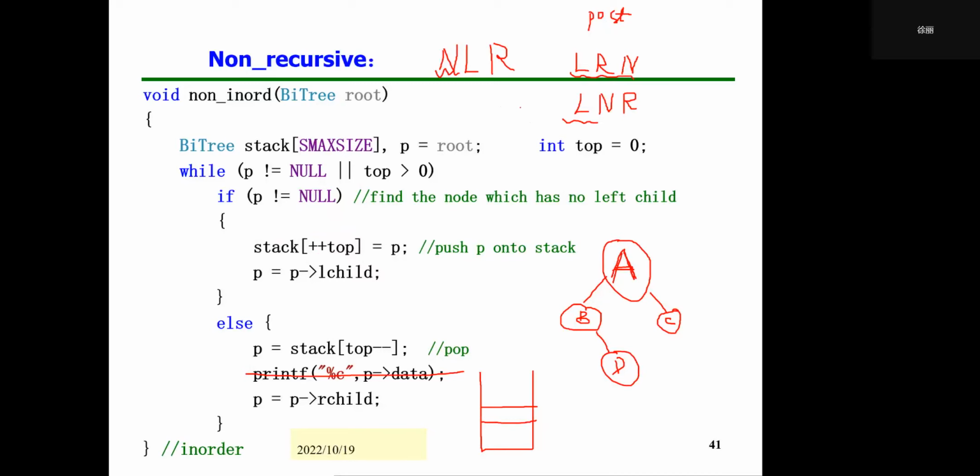This is post-order and this is in-order. Do you remember? Since the first step is to traverse the left subtree of the root, of course, they are the same.